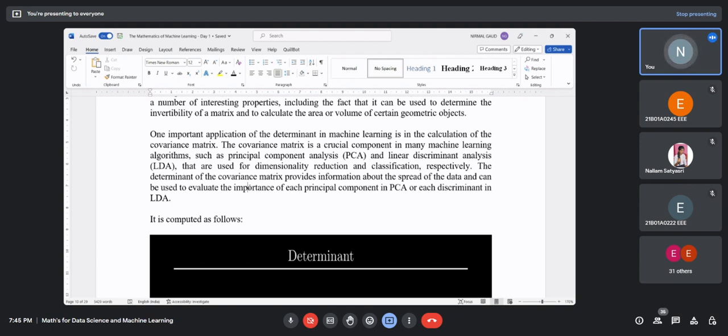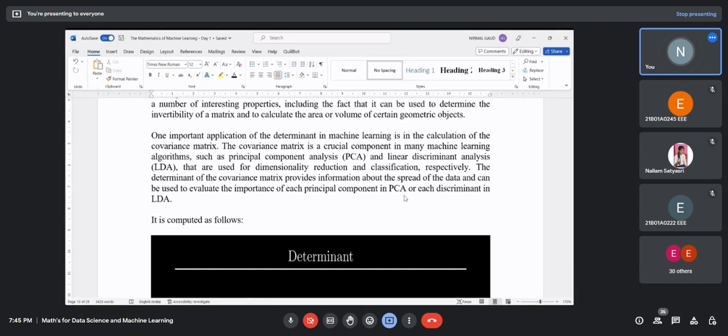As I already told you previously, all these algorithms are built on mathematics only. If you need to derive these algorithms, you require matrices, operations over matrices, determinants, covariance matrix, eigenvalue, eigenvector. If you know all these terms, only then can you understand these algorithms.